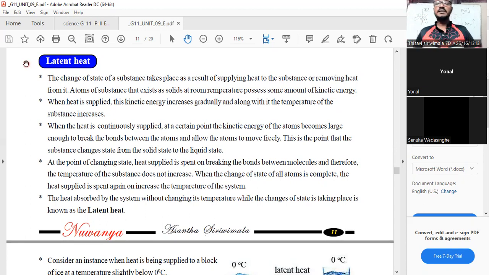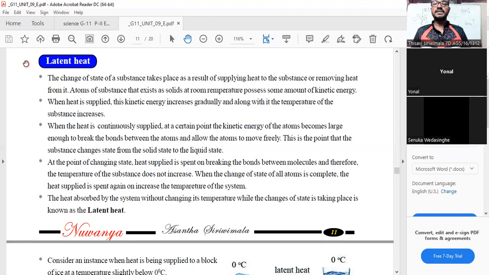When the heat is continuously supplied, at a certain point, the kinetic energy of the atom becomes large enough to break the bonds between the atoms and allow the atoms to move freely. This is the point that the substance changes state from the solid state to the liquid state. So because of the energy supply, the bonds will be broken between the atoms and it becomes into the liquid. Solid will change into the liquid.